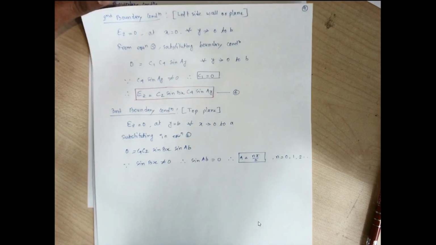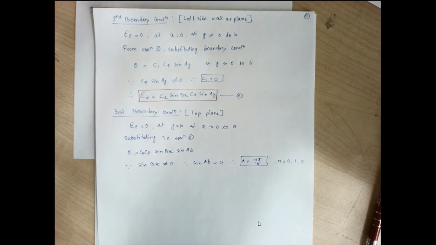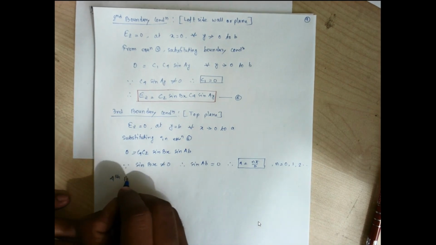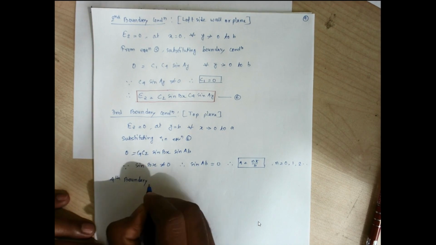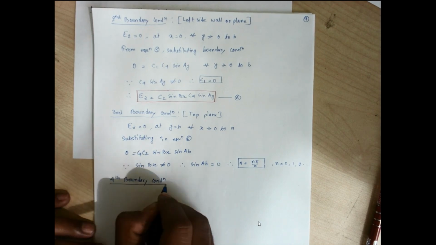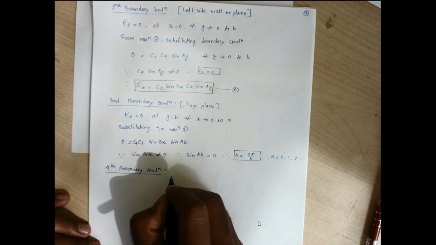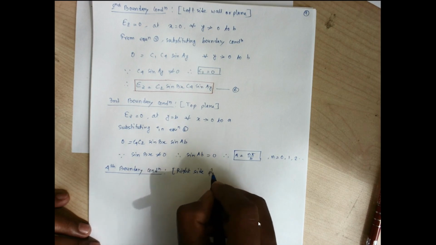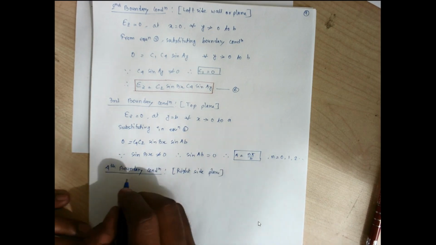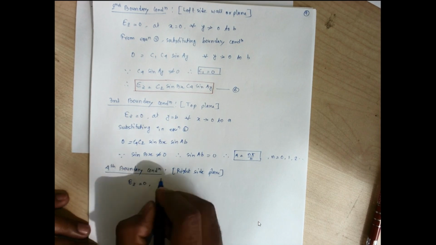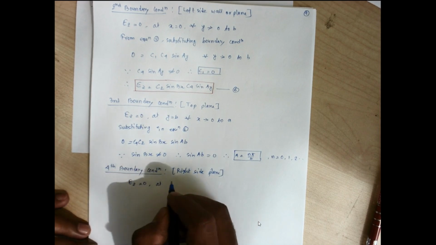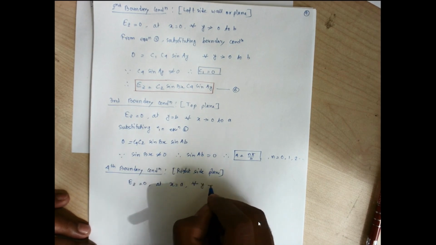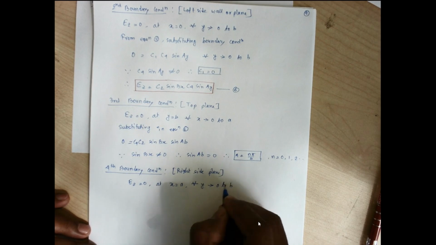Next, let us go with the fourth boundary condition, that is our right side plane. So here again Ez will be 0 at x equals a for all values of y ranging from 0 to b.